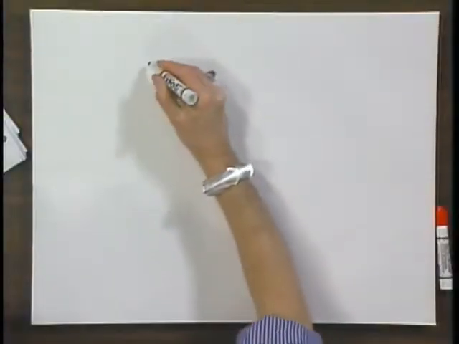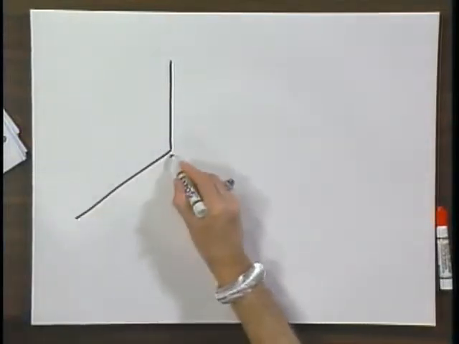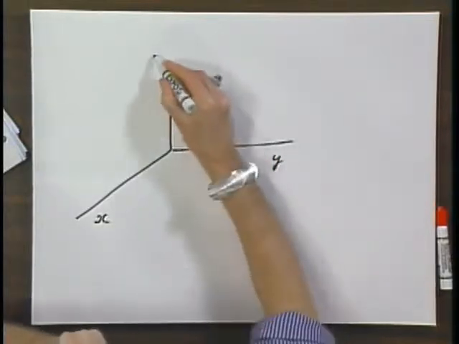There are other ways that you can describe a vector using three numbers in three-dimensional space in which you do not use Cartesian coordinates. And I'll give you an example of that. Let this be an x, y, and z coordinate system.